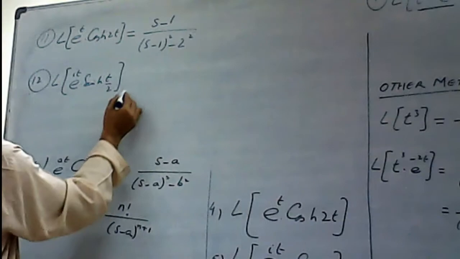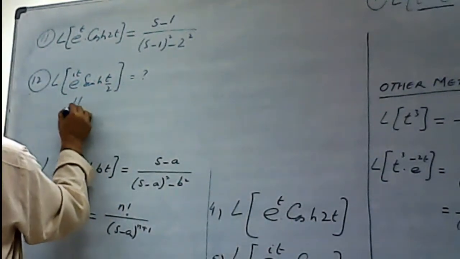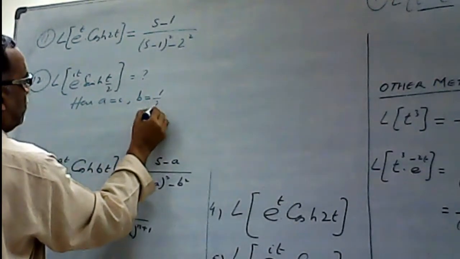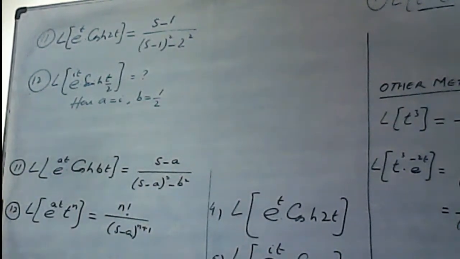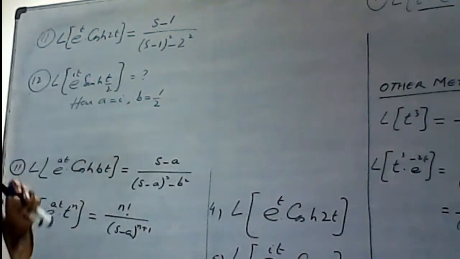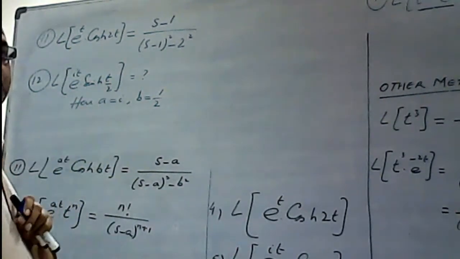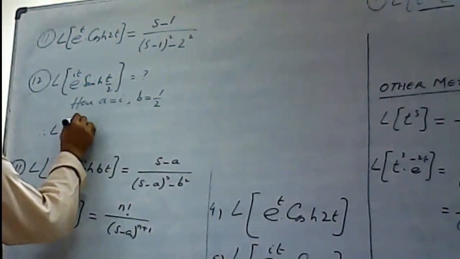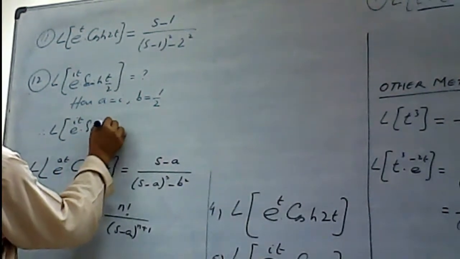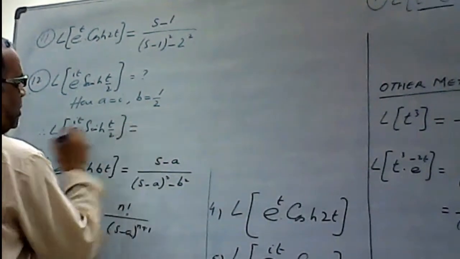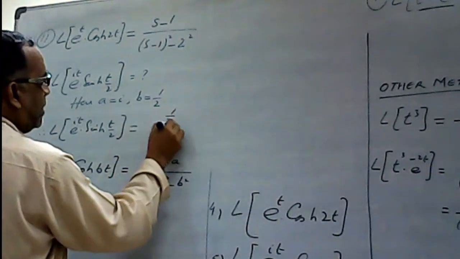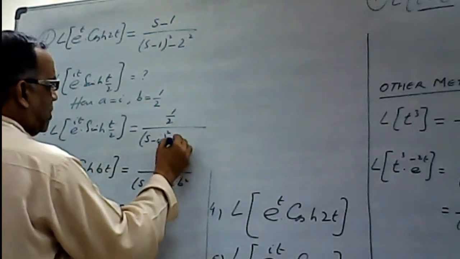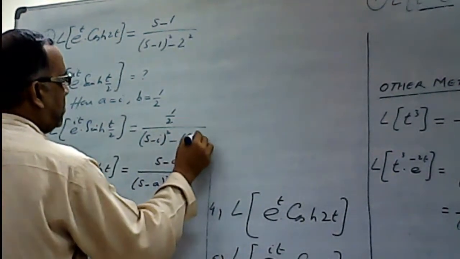For convenience I am writing here that a is equal to iota and b is equal to 1 by 2, because b means the coefficient of t, and the coefficient of t is 1 by 2. Therefore, Laplace of e power iota t sine hyperbolic t by 2 will be equal to 1 upon 2 upon (s minus iota) whole square minus (1 by 2) square.